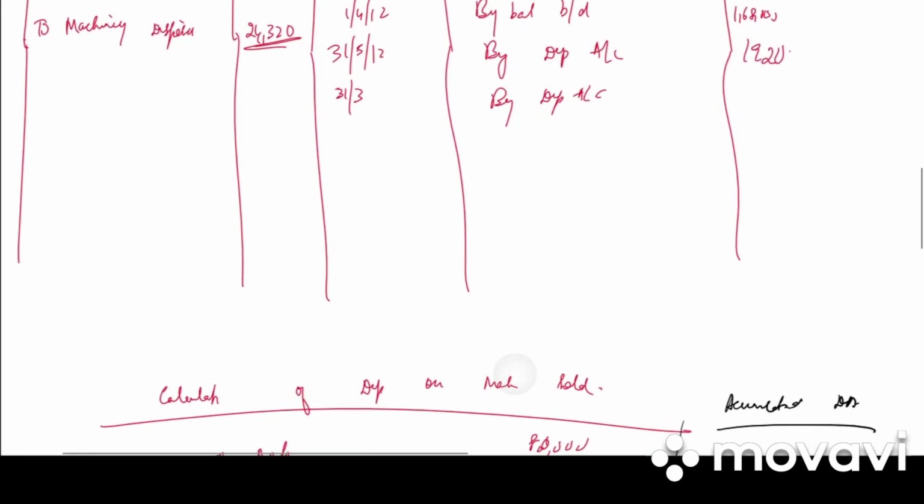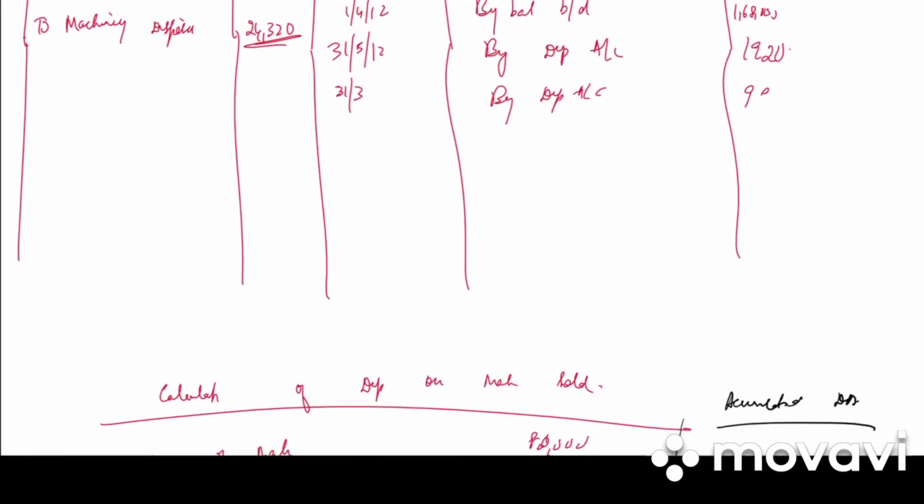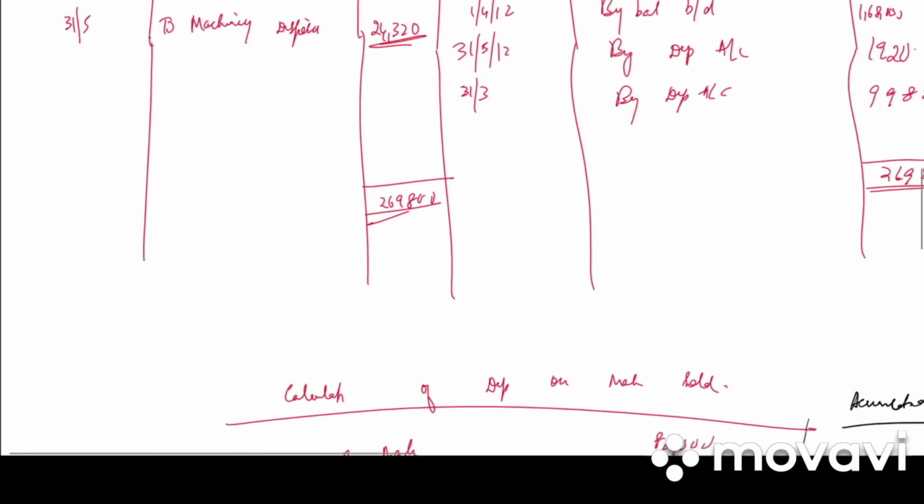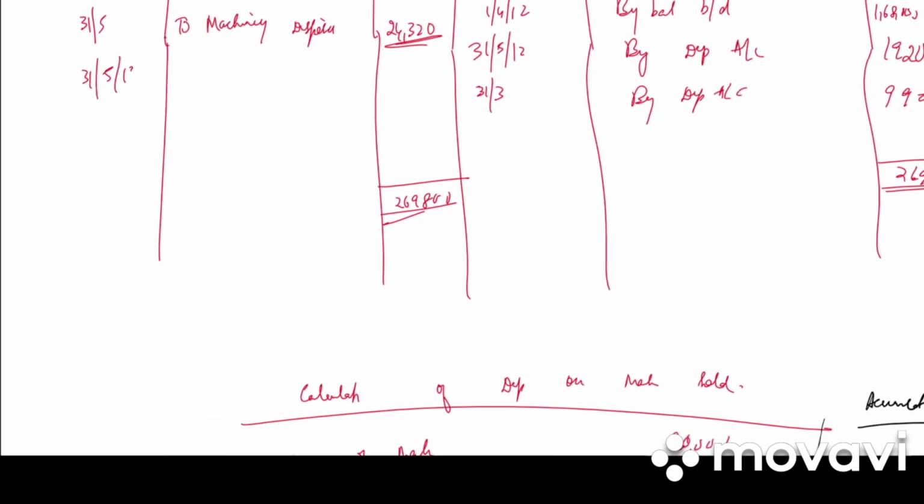Now go to our provision for depreciation account. So by depreciation account is 99,880. Total is 2,69,800. 2,69,800. So 31st March 2013, to balance carried down 2,45,480. Clear?